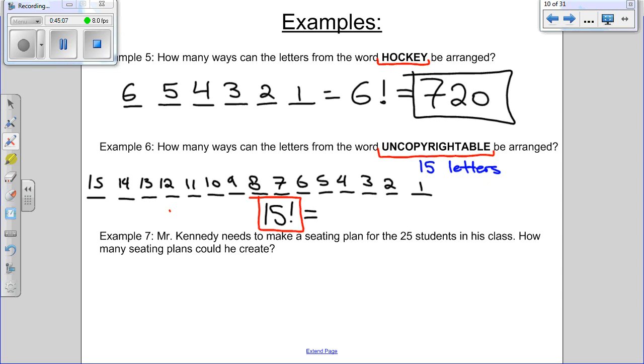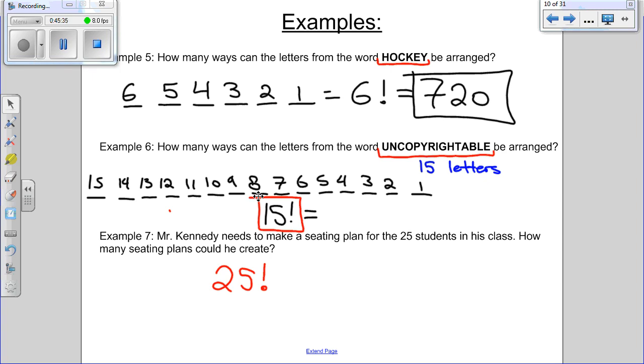What you'll notice if you try to do practice on this stuff is that every question we've done so far has nothing the same. For instance, the word hockey didn't have any two letters the same. Then the word uncopyrightable, no letters were the same. When we were organizing students into seats, none of those students were the same student. They're all different things.